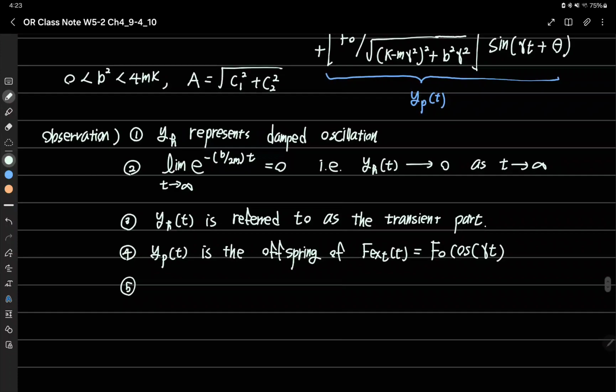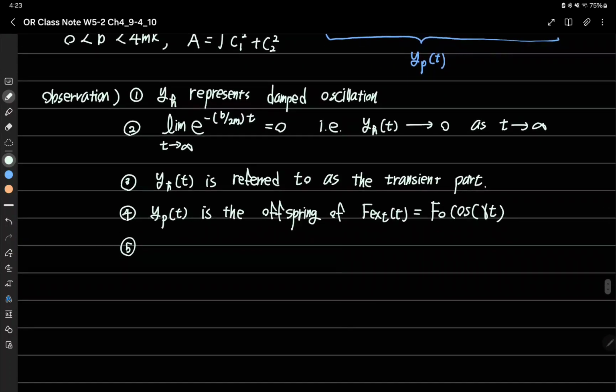So YP is a sinusoid, which means the wave function, with angular frequency gamma. Keep this in mind.